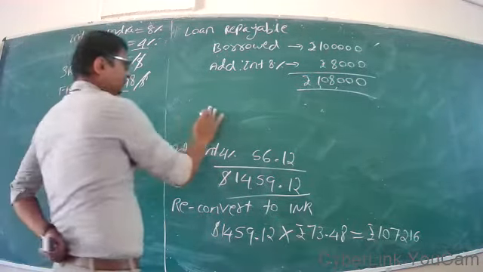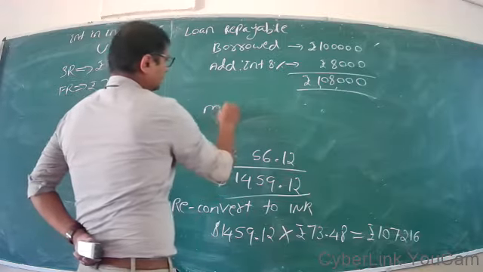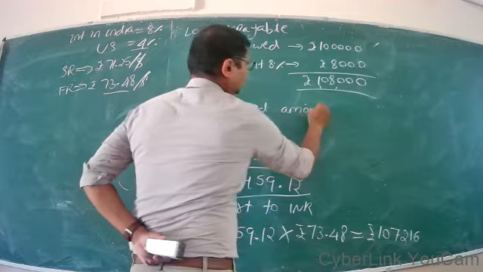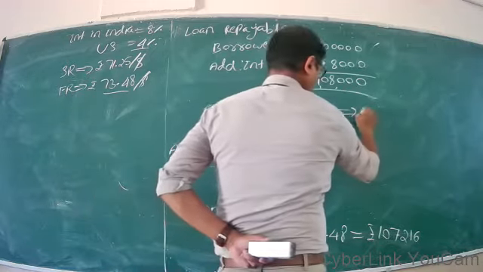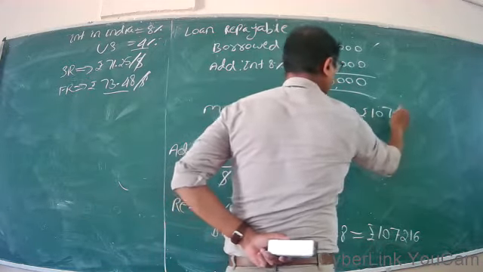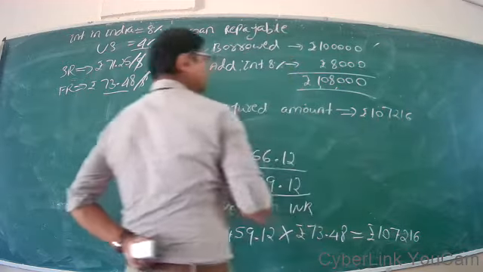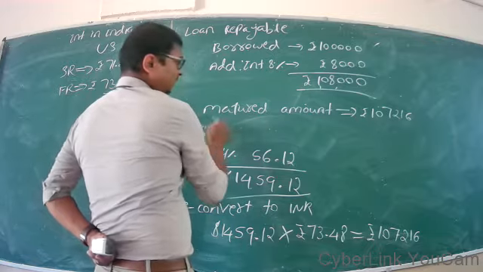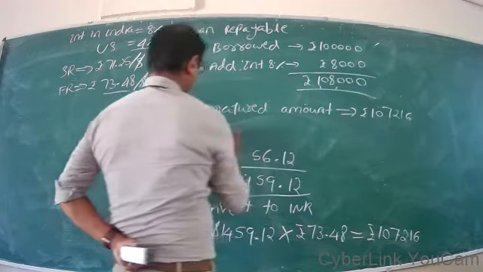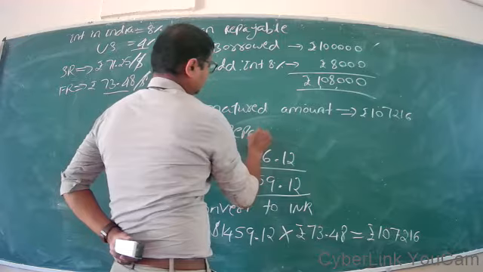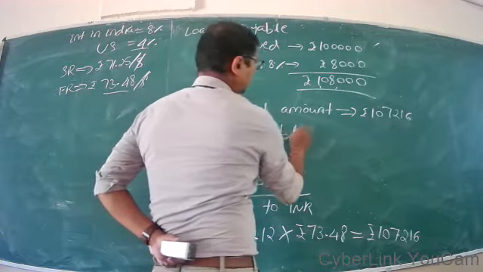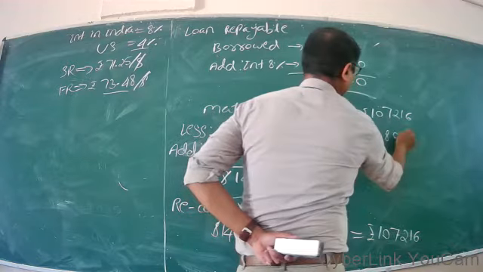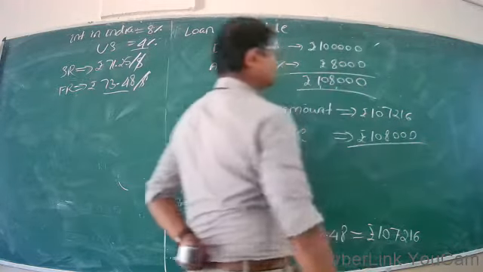The earned money, or matured amount after 1 year, is rupees 1,07,216 what you have earned. With this rupee you have to repay the loan. Loan repayable is rupees 1 lakh 8,000.